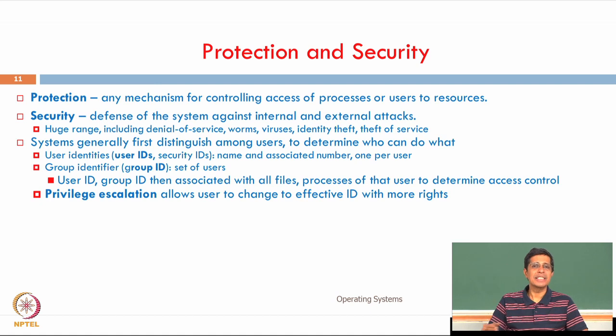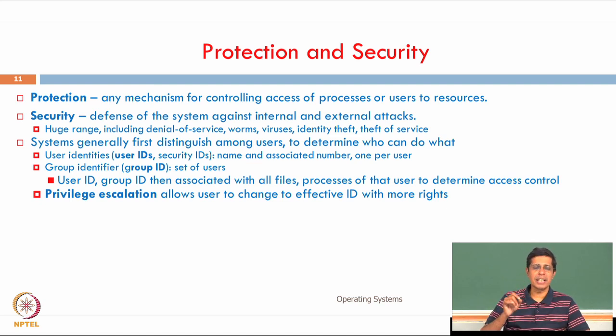Ensuring security within the system is called protection. Protection mechanisms that protect a system from outside are basically called security. Security is the defense of the system against internal and external attacks. An internal attack is when somebody hacks your password internally, and an external attack could be something like a denial of service, worms, viruses, etc.